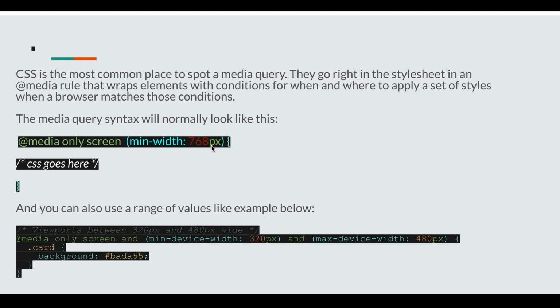So if you have a device with a viewport width of 768, or 769, or 780, till 2 million, even though there's no 2 million view width. Whatever device you're using, so far it is more than 768, that is from 768.1, whatever style you give it here would take effect on that device.